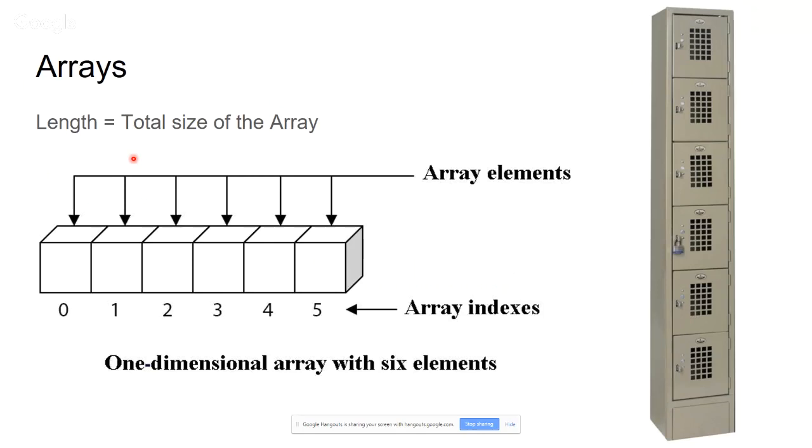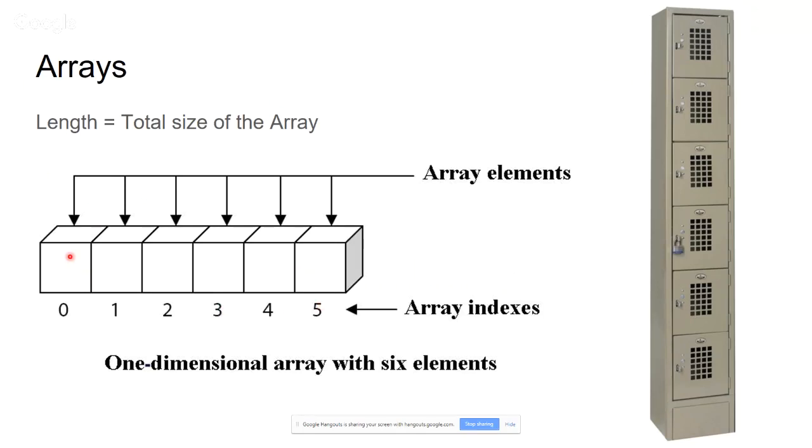So the length of an array is the total size of the array. For example, in this image, we have an array of 6 elements, and the index of the array will go from 0 to 5. Here we have the array index, and here we have the array elements.